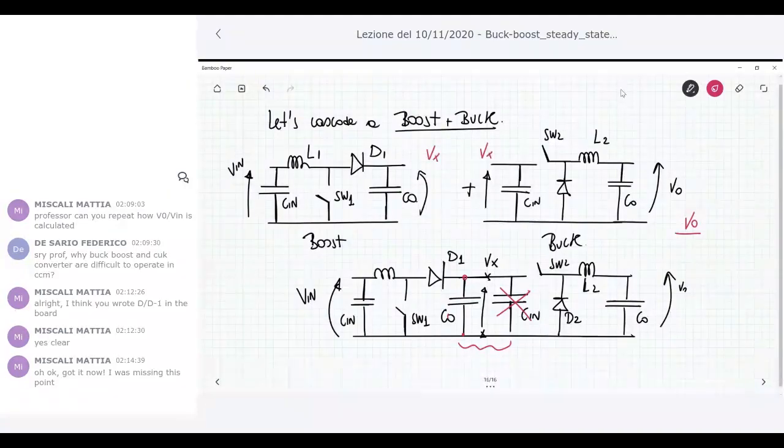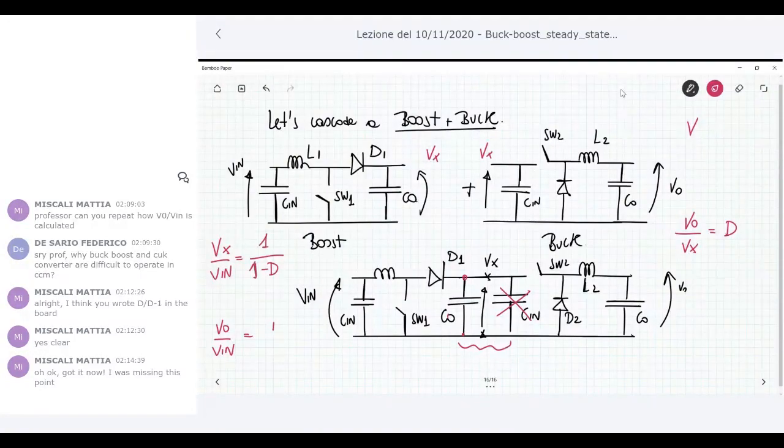V naught over Vx, or V prime as I called before, for the buck is the duty cycle. Vx over V in for the boost is D over, let's say, 1 minus D.